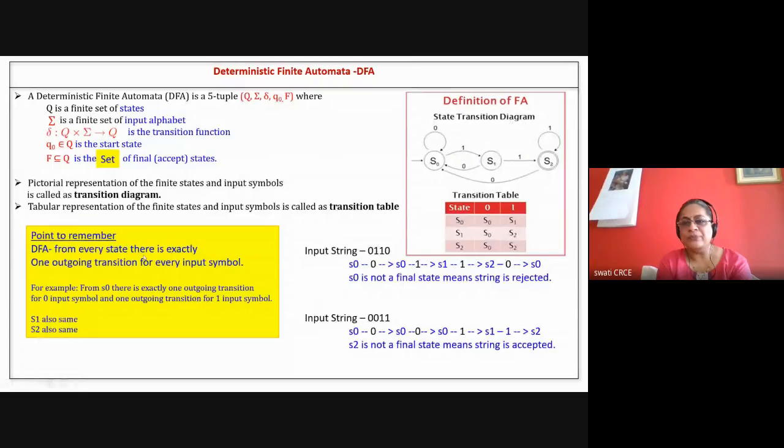For an NFA, I may have no transition for the symbol 0 in the state Q0, and I may have more than one transition for the symbol 1, one going to S1 and another going to the same state. So that is possible with NFA. The next lecture we may start with the NFA topic.